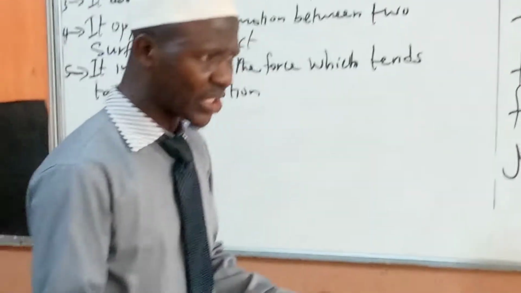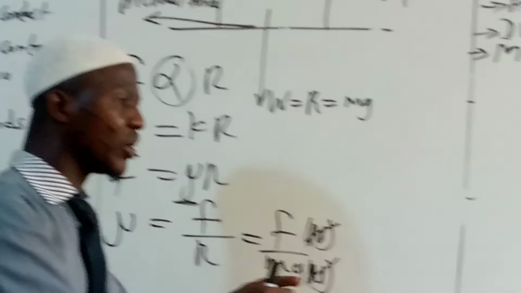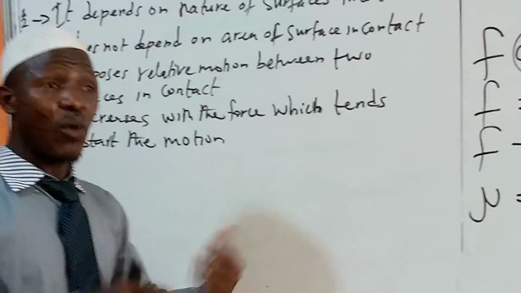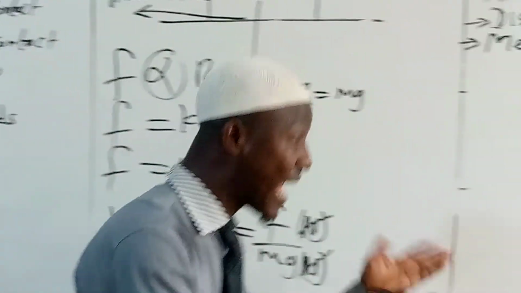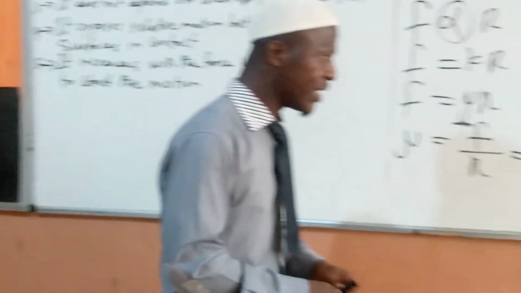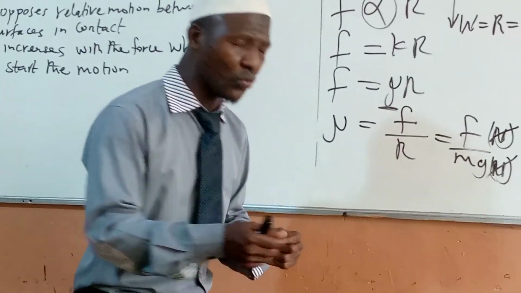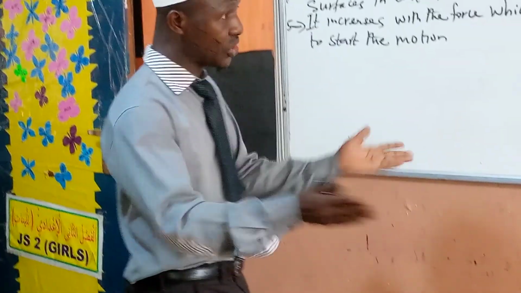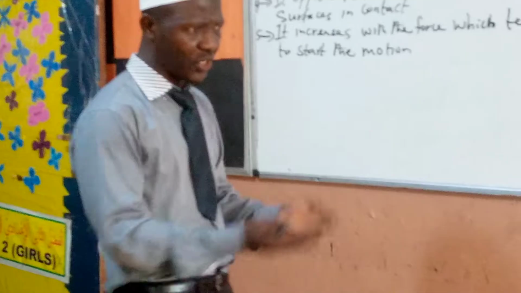If there's no friction, as you are hitting the nail, it will remove back. Another one is when you are using screw. Another one is when you are grinding pepper with your grinder. It's as a result of friction that the grinder grinds the pepper. Another one is when you are using stone to sharpen your knife or cutlass. It's as a result of friction between the two surfaces.